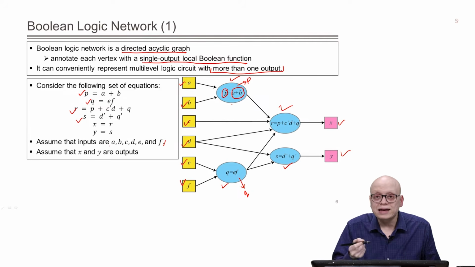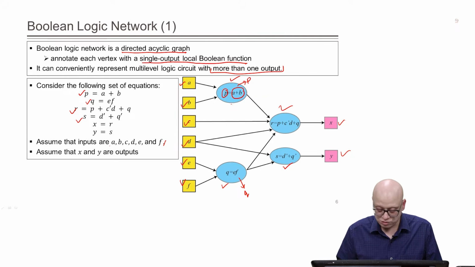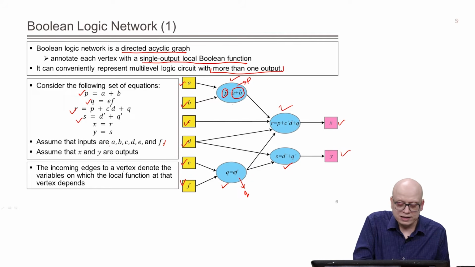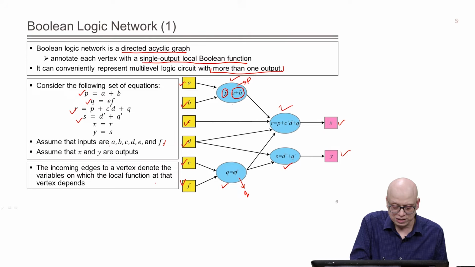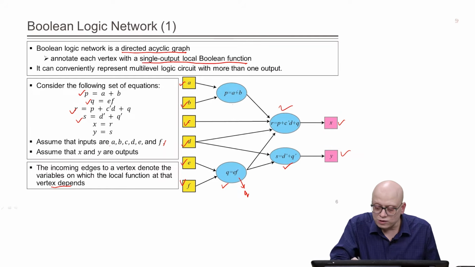And how do we create edges in this graph? We create edges based on the dependency. So, the incoming edges to a vertex denote the variables on which the local function at that vertex depends. For example, in this case the local function is A plus B and it depends on A and B, that is why there are two incoming edges.